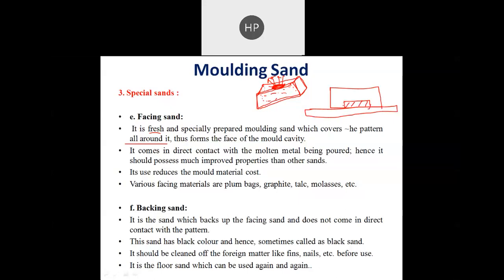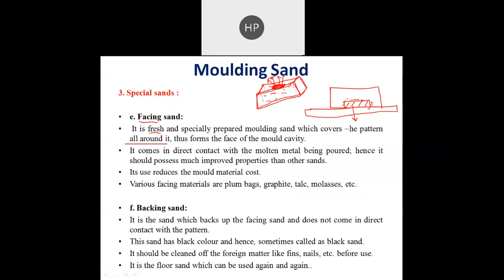All around the pattern we initially sprinkle or spread this facing sand, so that the withdrawal of the pattern is easy. That's why facing sand is used. From the name you can easily understand, it is used all around the face of the pattern.